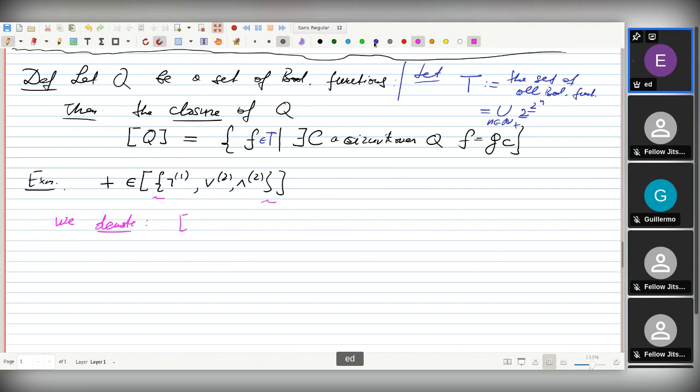We shall write down just square brackets and a finite set. This will stand for the closure of this finite set of Boolean functions. Hence, addition belongs to just this closure. Is it clear?